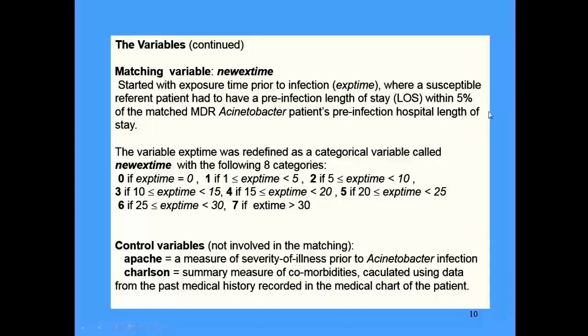So there are people who are resistant, people who are susceptible, and a susceptible person had to have about the same amount of hospital time prior to getting infected as the resistant person. That's how they were matched, to be similar in how long they were in the hospital.